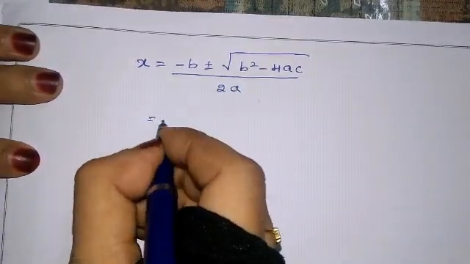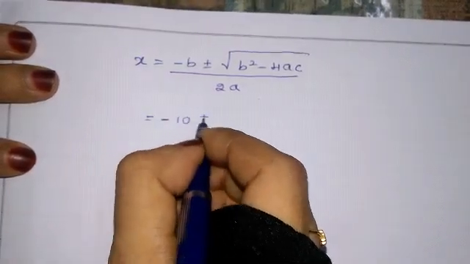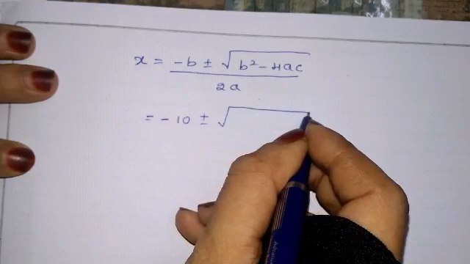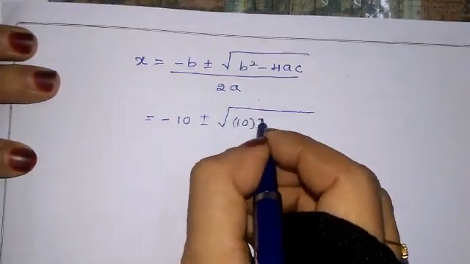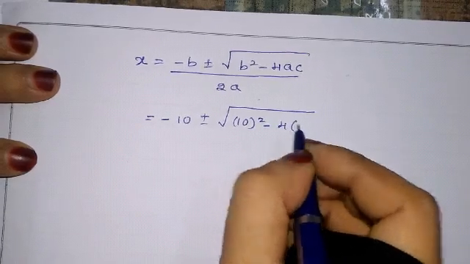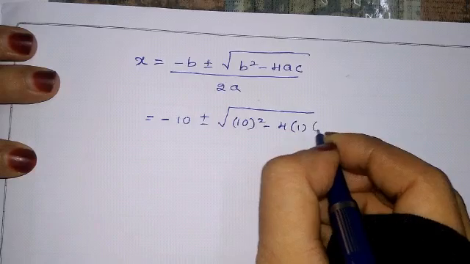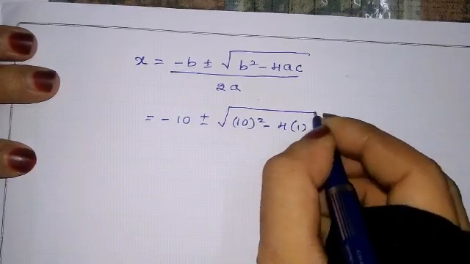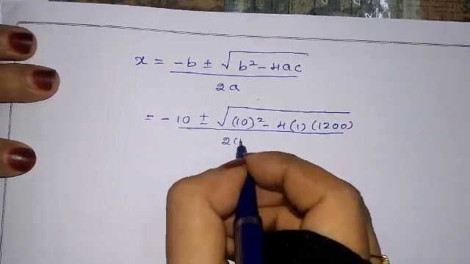So minus b value is 10, plus or minus root of b square is 10 square minus 4, a value is 1 and c value is minus 1200, upon 2a value is 2.